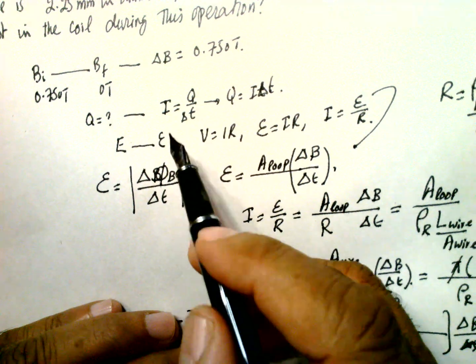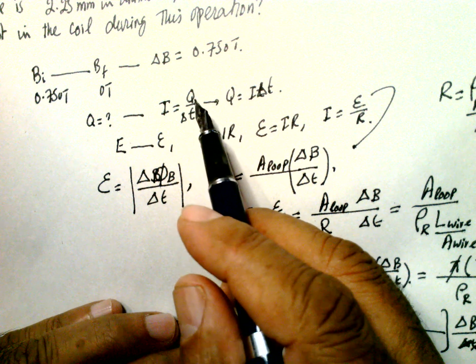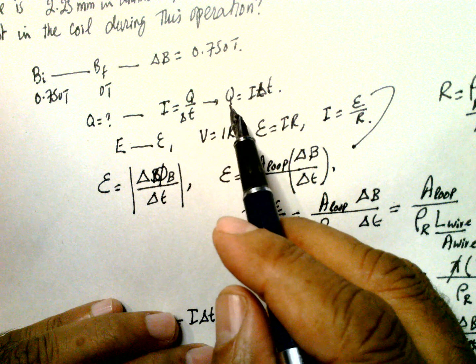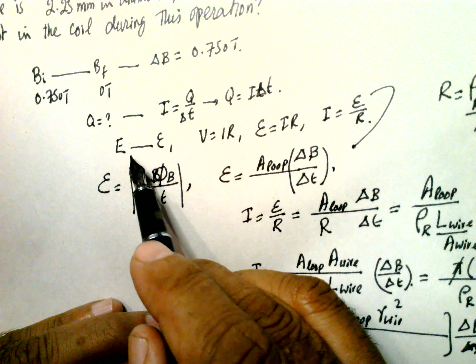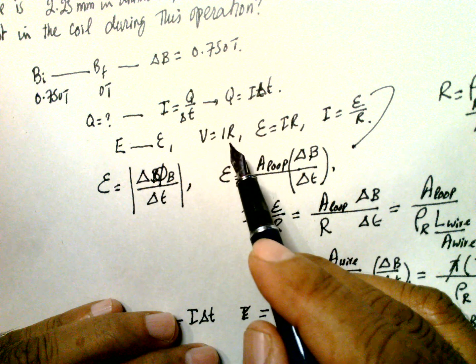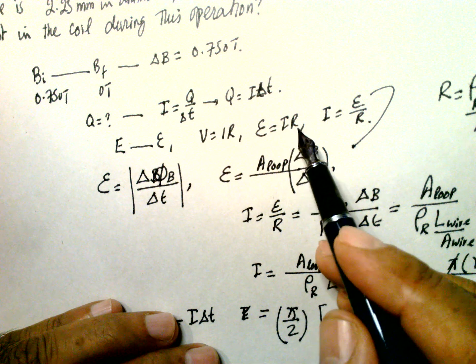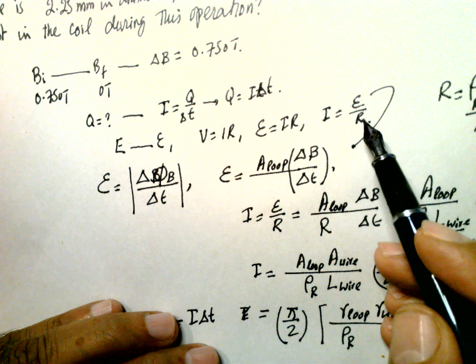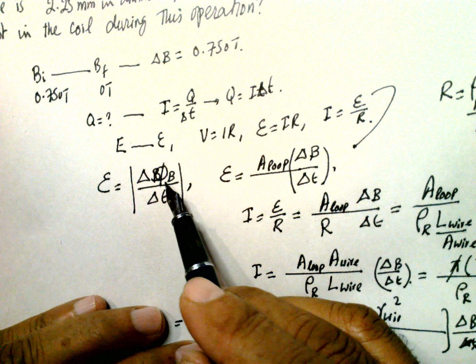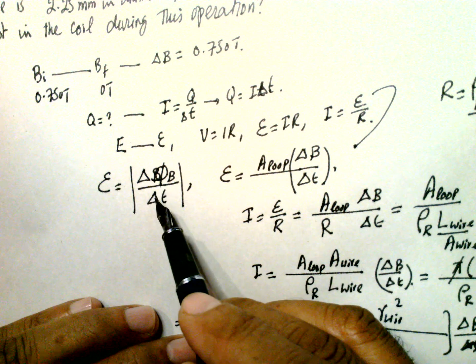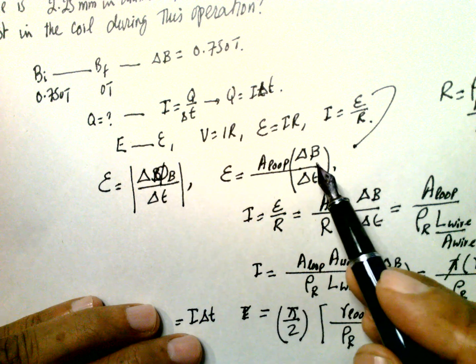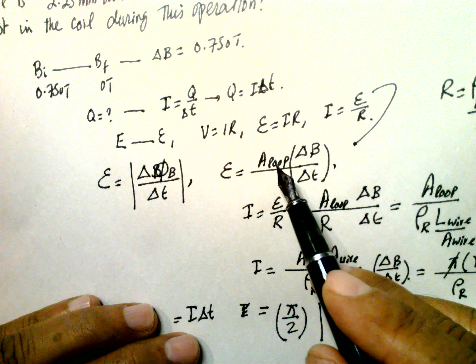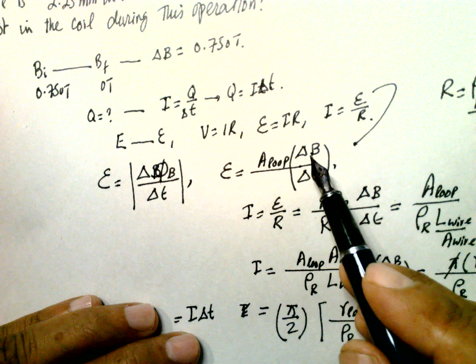So first use the charge and current: Q is equal to I delta T, and from Ohm's law EMF is equal to IR, so I is equal to EMF over R. EMF is given by Faraday induction, the rate of change of the flux, and the flux is related to the magnetic field multiplied by the loop area.